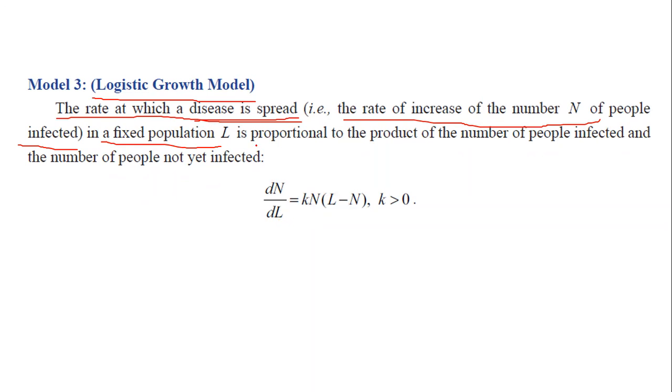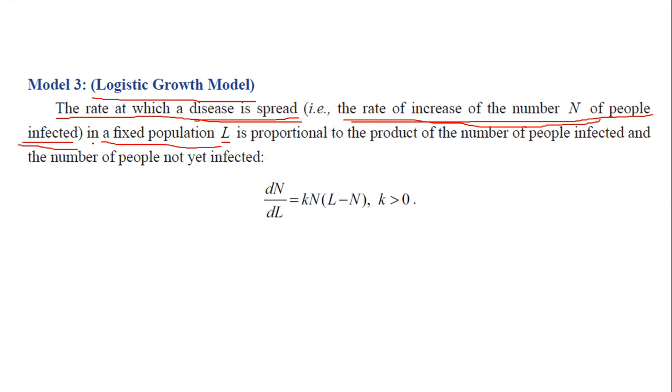What is L here? L is the fixed population. And what is n here? n is the number of people infected.